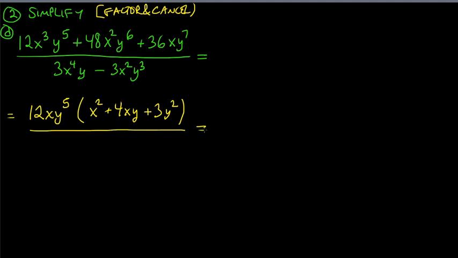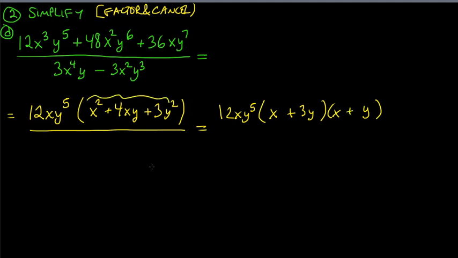We can factor the numerator here. I'll leave the GCF, 12xy to the 5th. So we know x times x is x squared. And we know 3y squared is probably just 3y times y. And they're all pluses. So I think that's how you factor this trinomial here as the product of these two binomials.